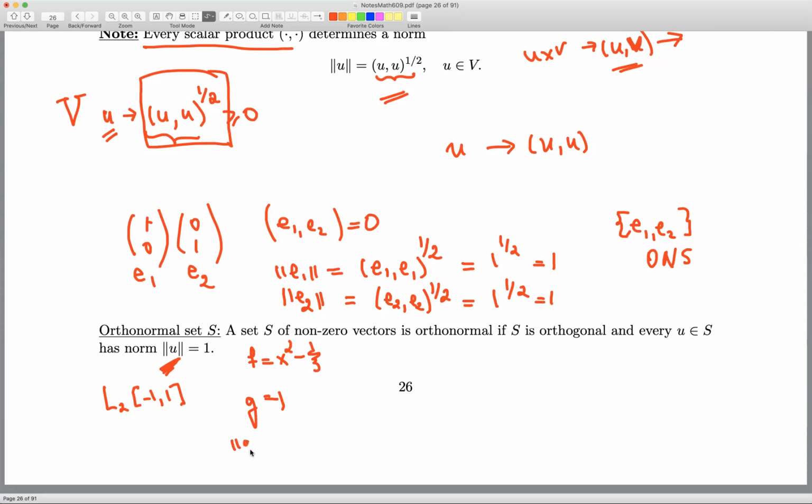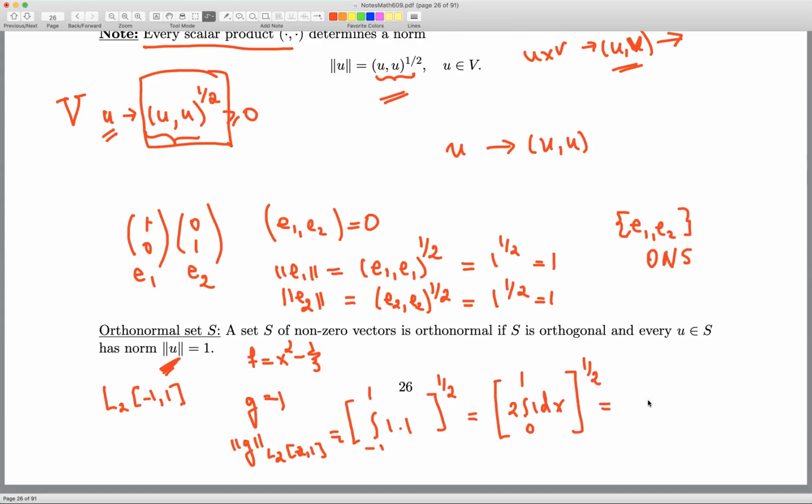Let's look at the norm of g in this space L2[-1, 1]. By definition, this is the inner product of g with itself, so the integral from -1 to 1 of 1 times 1, raised to the power 1/2. This will be twice the integral from 0 to 1 of 1 dx, raised to the power 1/2.